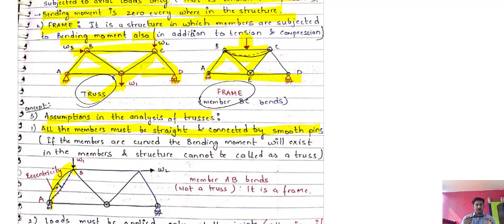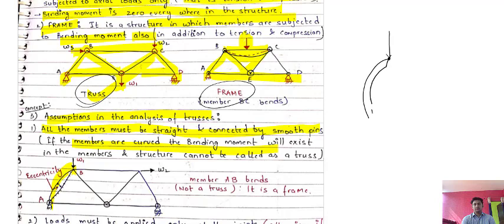The member should be straight. It should not bend. If members are curved, the bending moment will exist. Suppose, if I make this diagram here, and it is bent like this, and I have told you that in a truss the loading is at the joint, it will try to move this structure inward, so there will be bending involved.